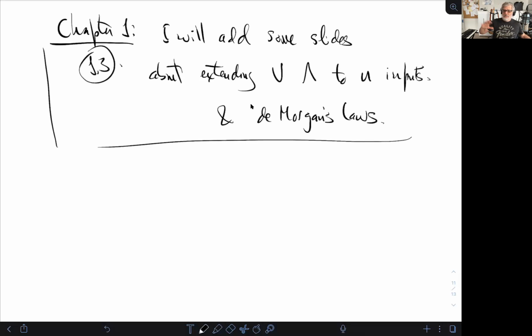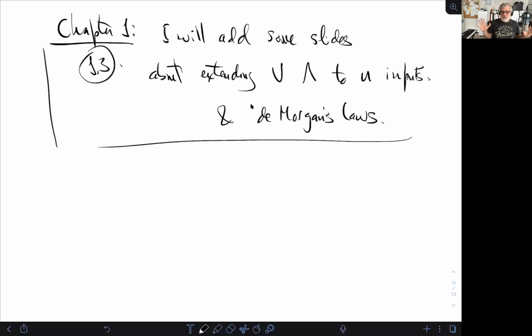When I did the completeness, I went over quickly on the fact that you could write x1 or x2 or x3 or x4 and a whole bunch of them. And I didn't explain that very well. Actually, I didn't explain it at all. So I'm going to add some slides where I do this more properly, and a little discussion on De Morgan's laws.